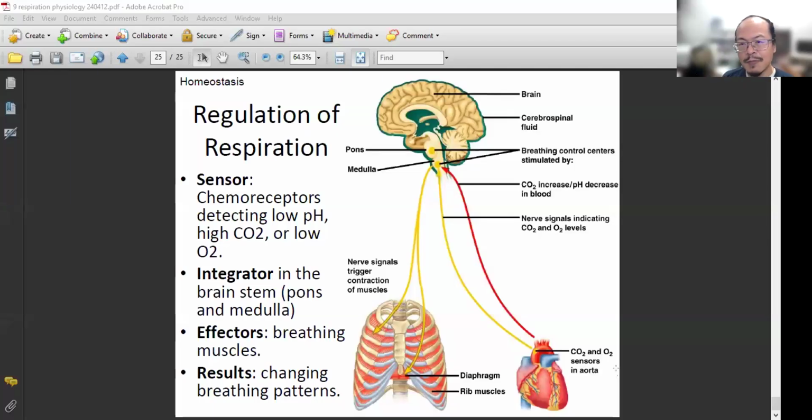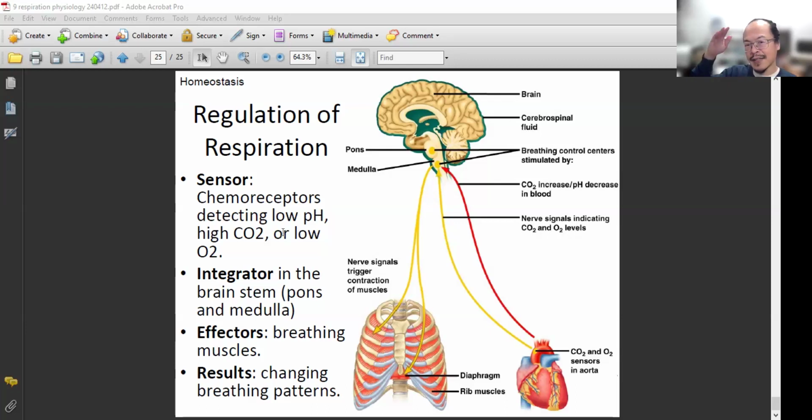Our purpose is to use breathing to control pH level because that is critical. Our body needs to have a stable pH level, so we have the chemoreceptors to sense it.